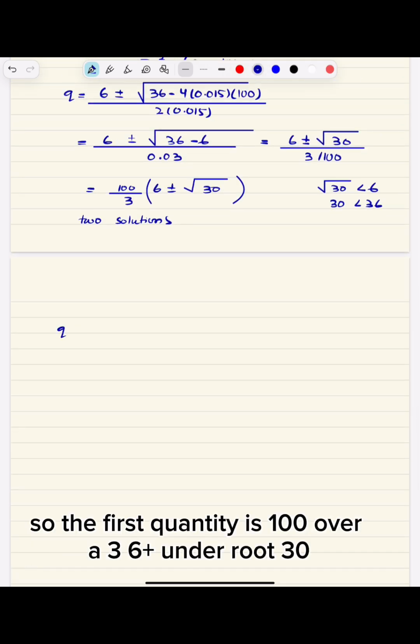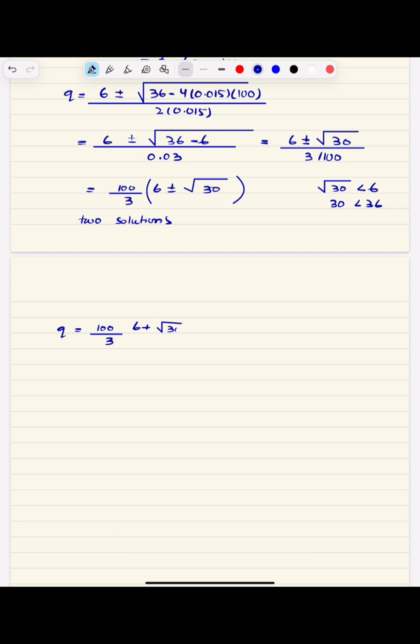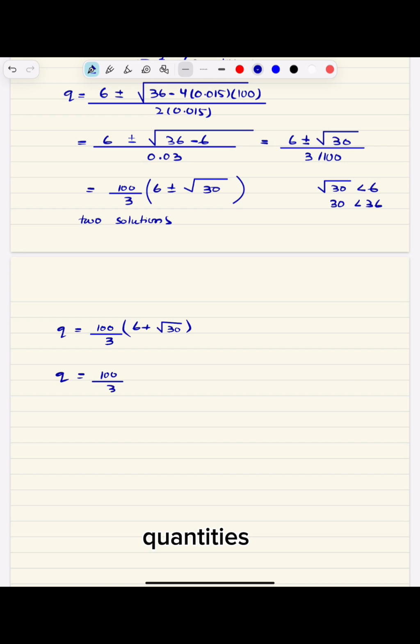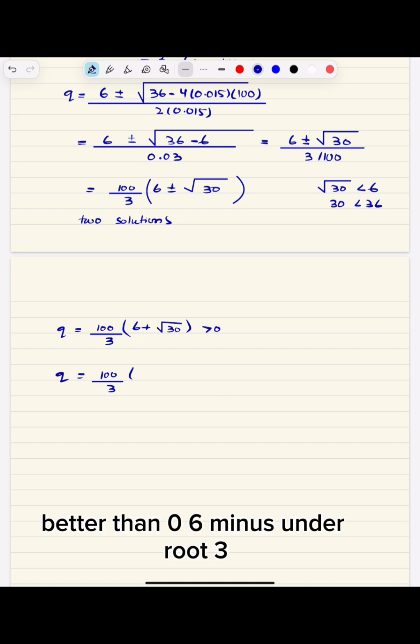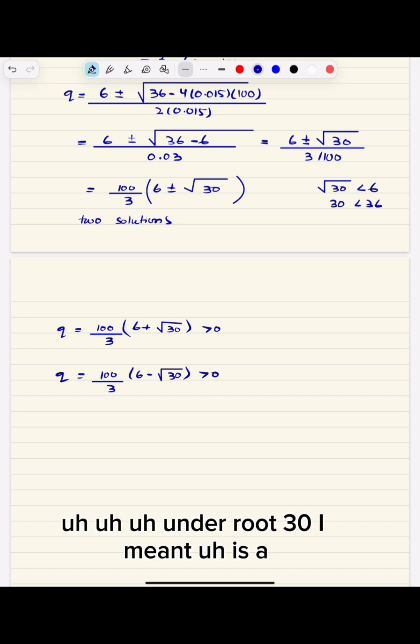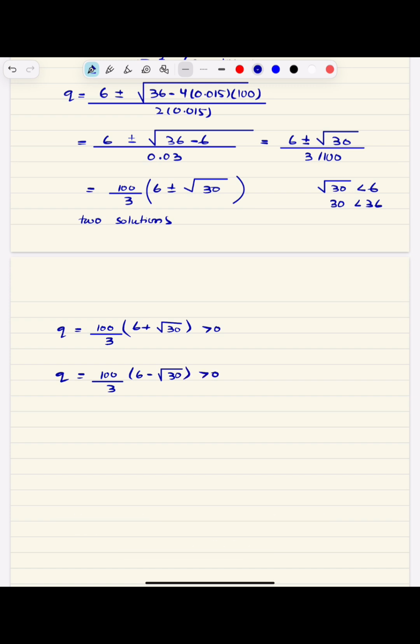The first quantity is 100 over 3 into 6 plus square root of 30. You can calculate this using your calculator, and the next one, both are positive quantities greater than 0, is 6 minus square root of 30, I meant.